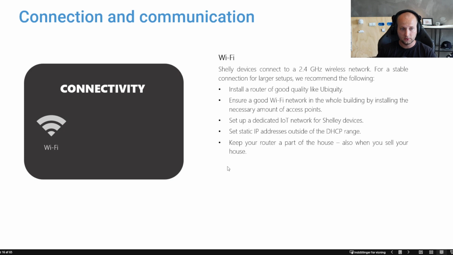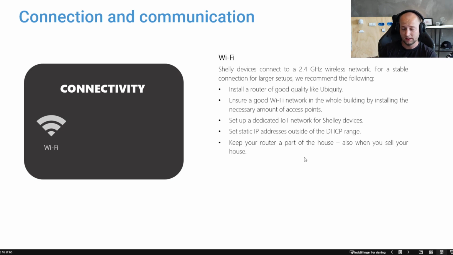Also, I recommend to keep the router as a part of your house, especially if you will sell your house. Basically, you can use Shelly devices without any router if you have them local wired, so the switches wired, the bulbs wired, etc. But if you have automations, say a wireless button to turn your device on and off, then you need the local Wi-Fi network.